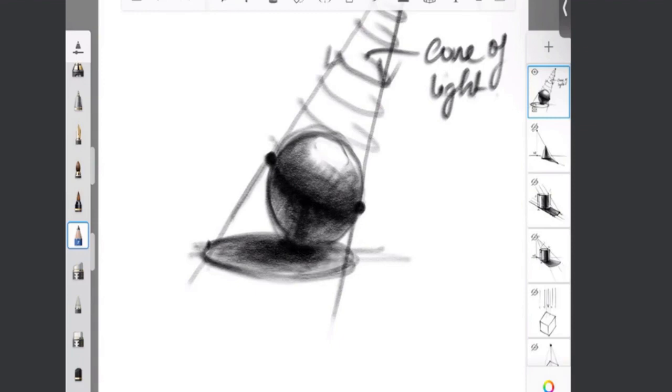So that's the kind of cast shadow we have. We can erase the extremes. This is the kind of profile we have.